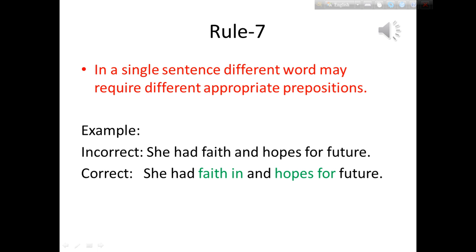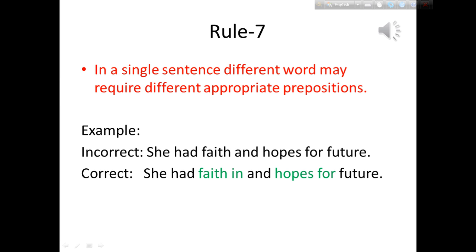Here we have an example for you. She had faith and hopes for future. So it may seem to you that the sentence is correct because faith and hope for future gives the meaning, but you cannot use the very preposition for with faith.